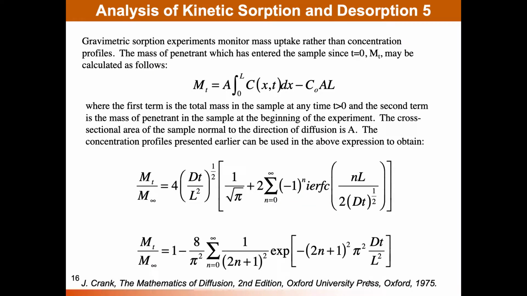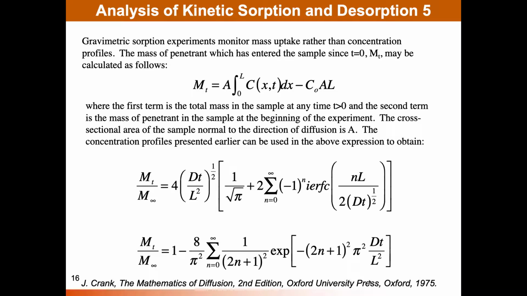0.05. So we calculate the mass uptake at any time t, as shown here, integrating the concentration profile across the sample, multiplying by the area. And this Mt is the amount of mass that is taken up since this experiment started, and does not count any mass of penetrant that was sitting in the polymer when the experiment started. So we subtract off any penetrant that had already sorbed into the material before this experiment started.